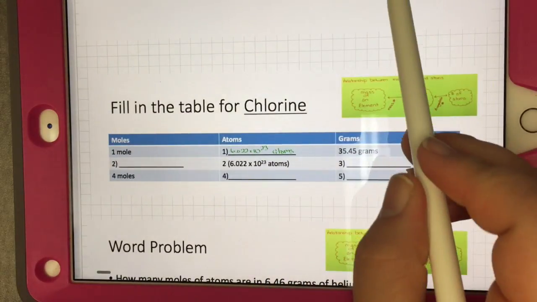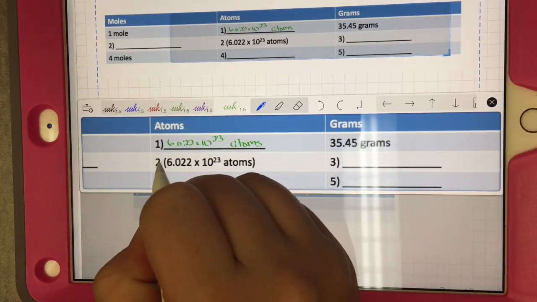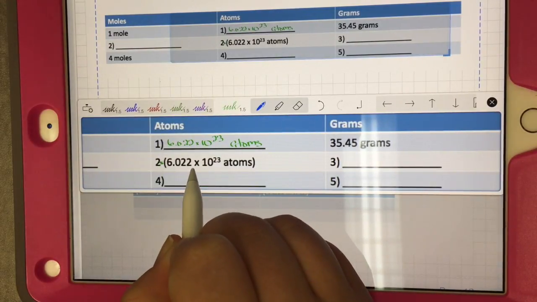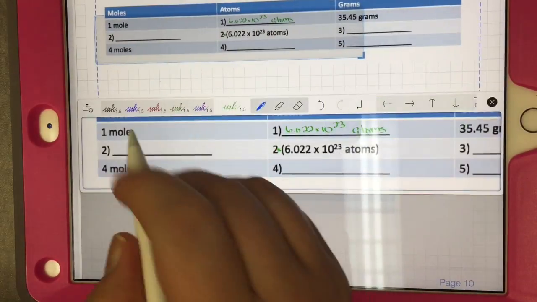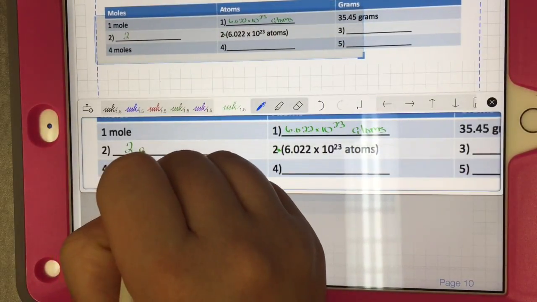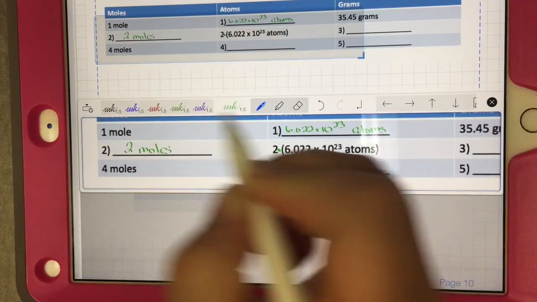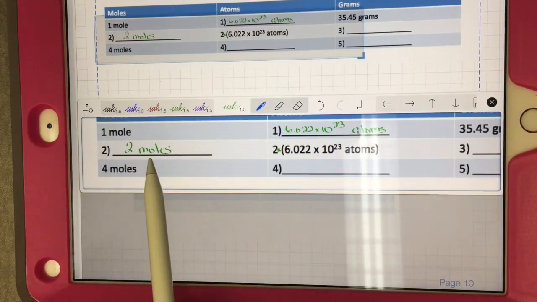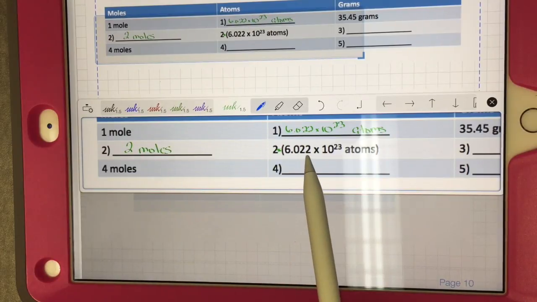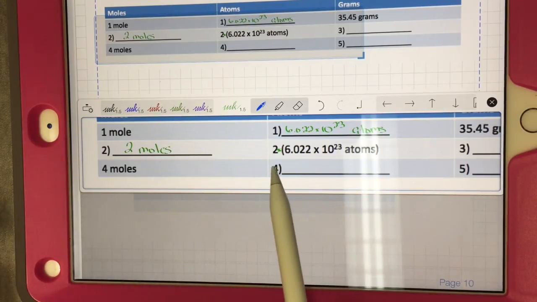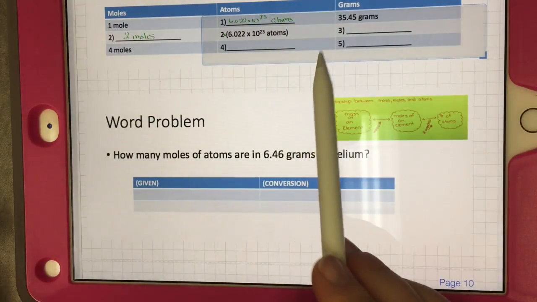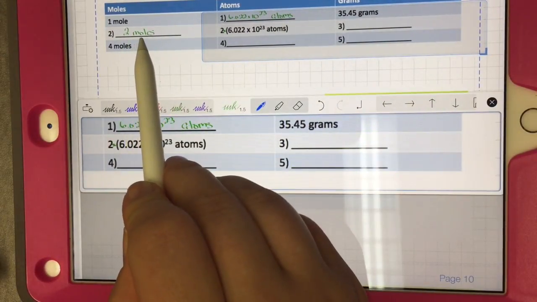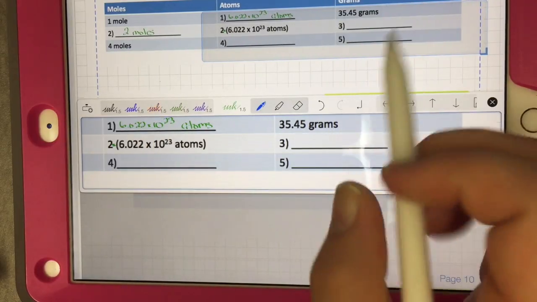And so this should say 2 times. If we have 2 times the number of atoms that are in 1 mole, that must mean we have 2 moles. So we have 2 moles of chlorine being 2 times the number of atoms found in 1 mole. And just like with oxygen, when we had 2 moles, we need to multiply the atomic mass by 2.